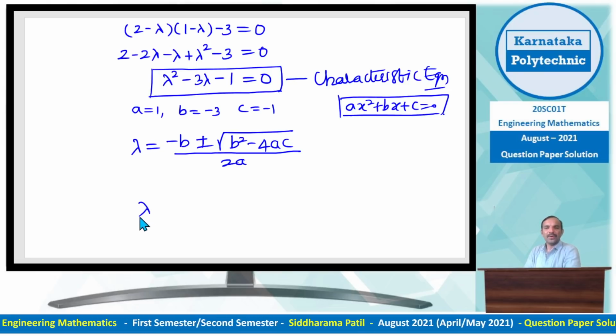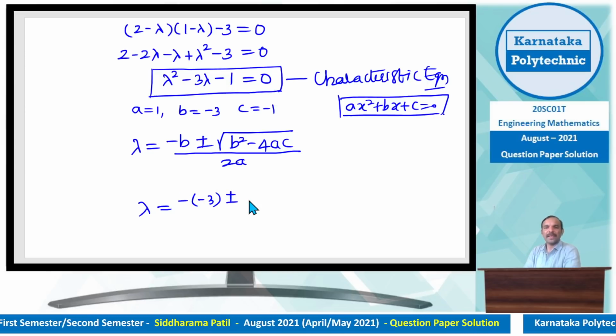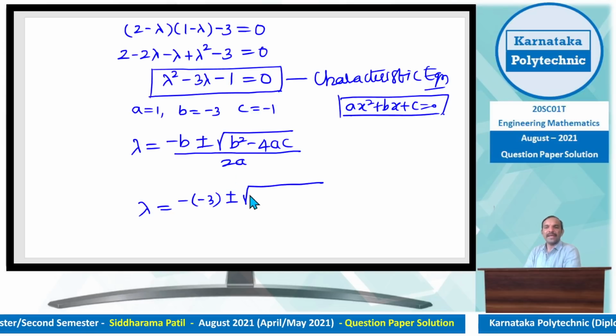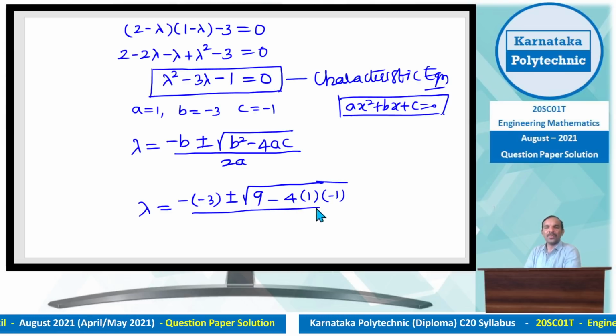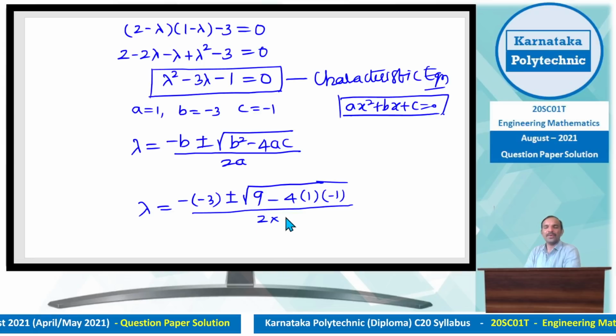Now lambda equal to minus b, here minus of minus 3, plus or minus root of minus 3 square is 9, minus 4 into a is 1, c is minus 1, divided by 2a, 2 into 1.